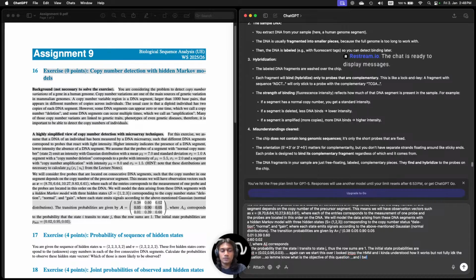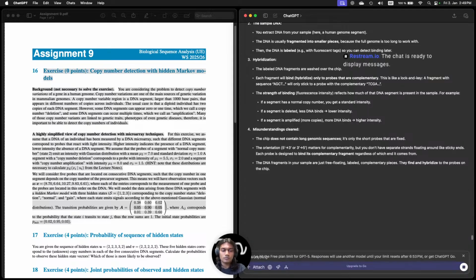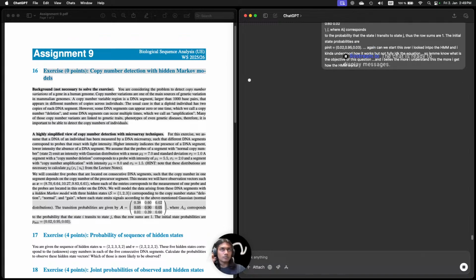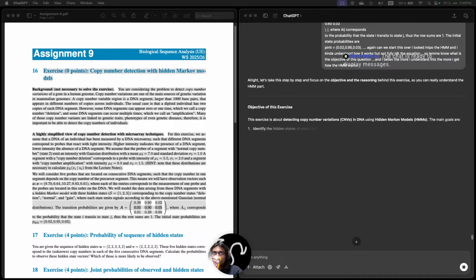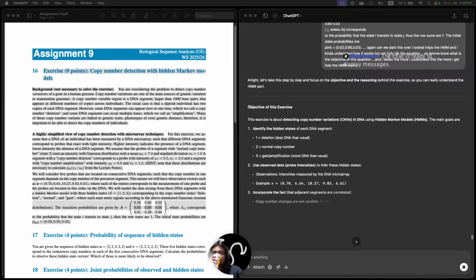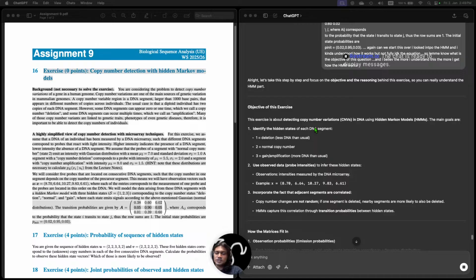I believe this exercise is about detecting copy number variations in DNA using hidden Markov models.